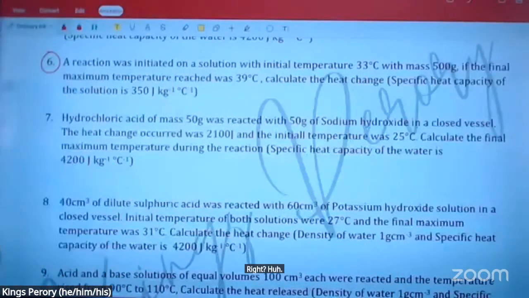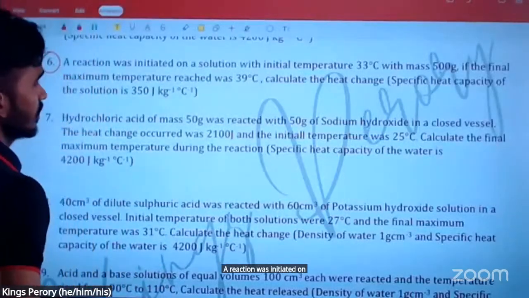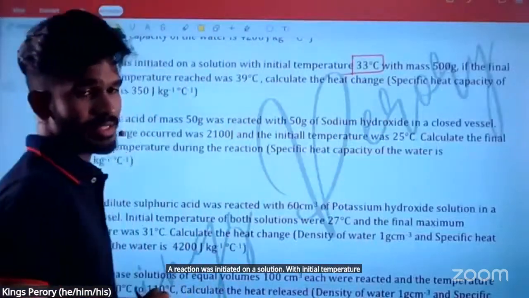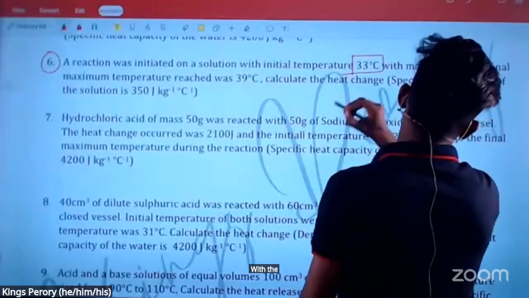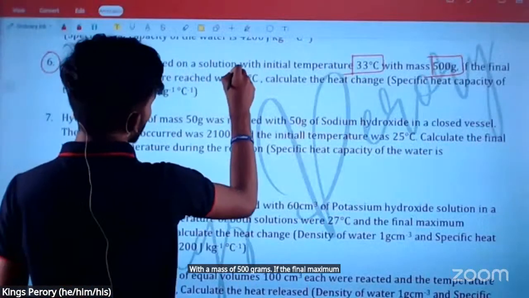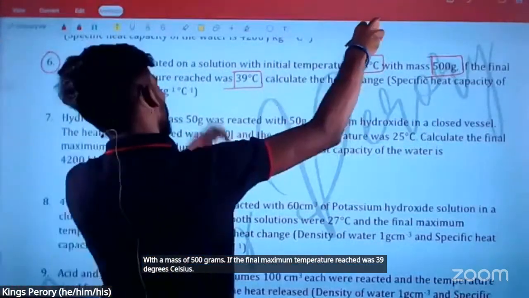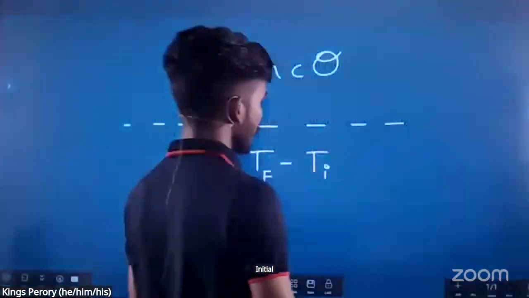Question 6. A reaction was initiated on a solution with initial temperature 33 degrees Celsius, Ti is given, with a mass of 500 grams. The final maximum temperature reached was 39 degrees Celsius. Initial 33, final 39.